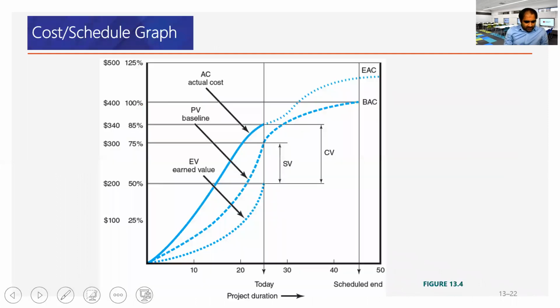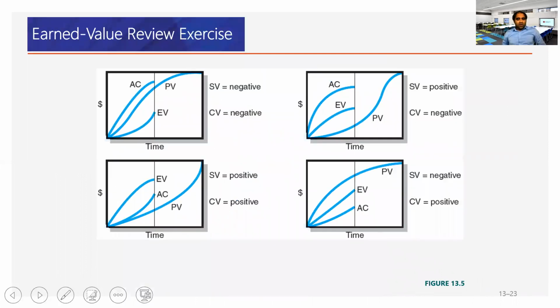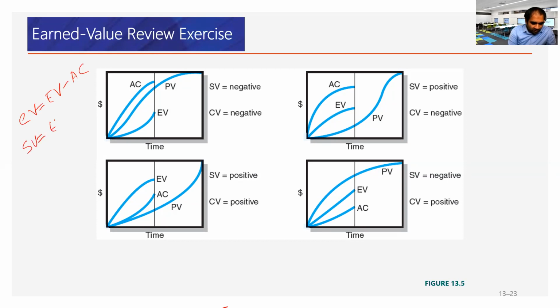Okay, next, I already explained this graph. Next one is how we know whether the SV and CV are positive or negative. For CV, it is earned value minus actual cost, and SV is earned value minus planned value.